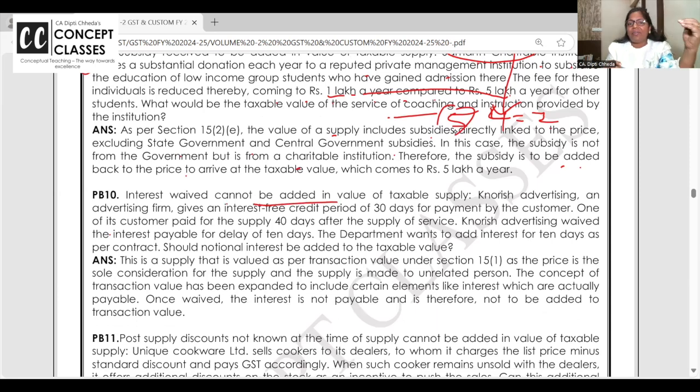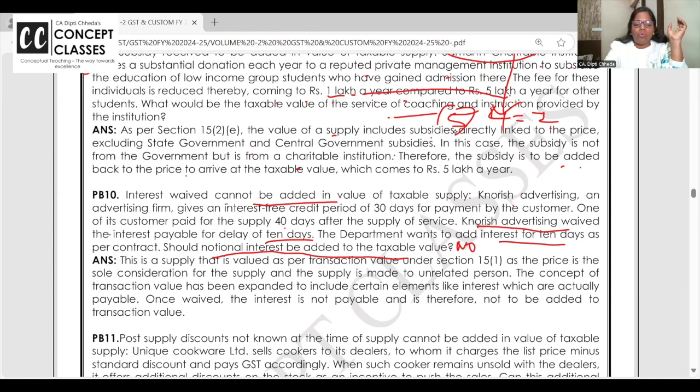See, generally interest and late fees and all you have to add. But if the interest is waived, then you will not add it. Nourish Advertising gives interest-free credit, and one customer instead of 30 days paid in 40 days. So Nourish Advertising waived off the interest for 10 days. Okay, the department wants to add the interest. Should notional interest be added?